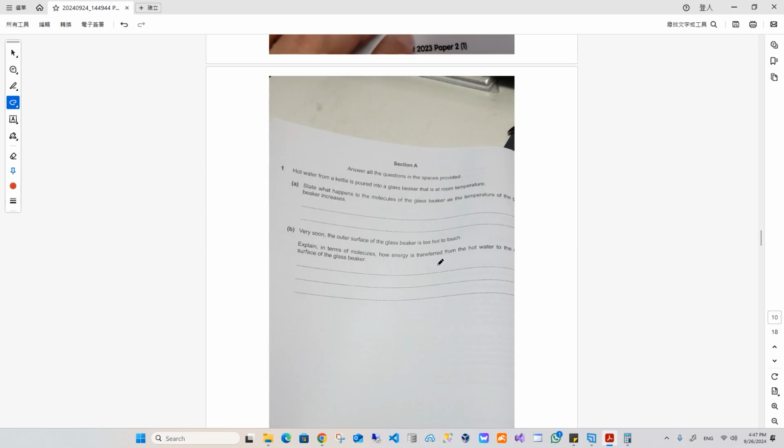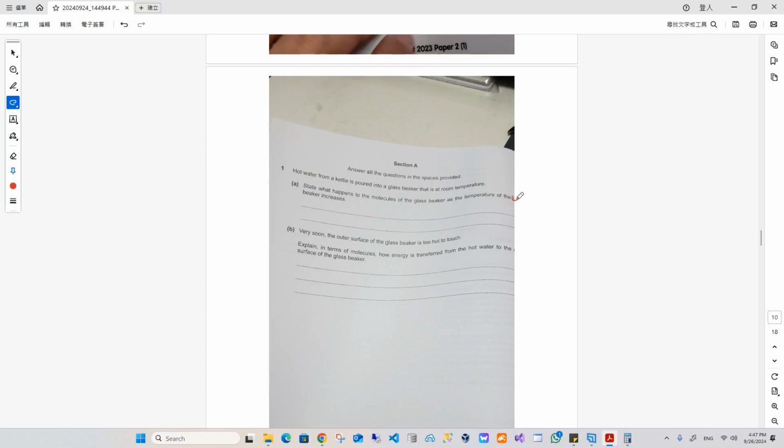Let me go find the book. Physics. Long question. Question one. Of the glass beaker increases.